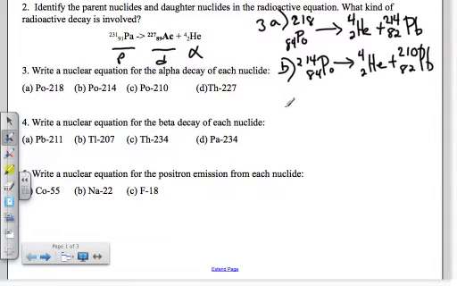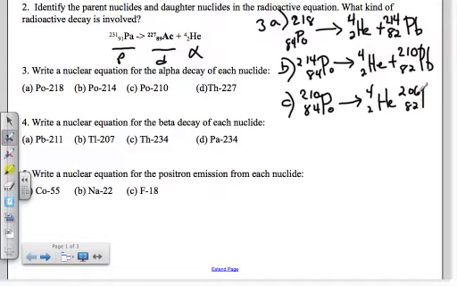And lead 210 is our daughter nuclide. One more time with polonium, different nuclides of polonium. Alpha particle, and this time it is lead 206, and that is probably the end of our radioactive series, if indeed this represents a series.